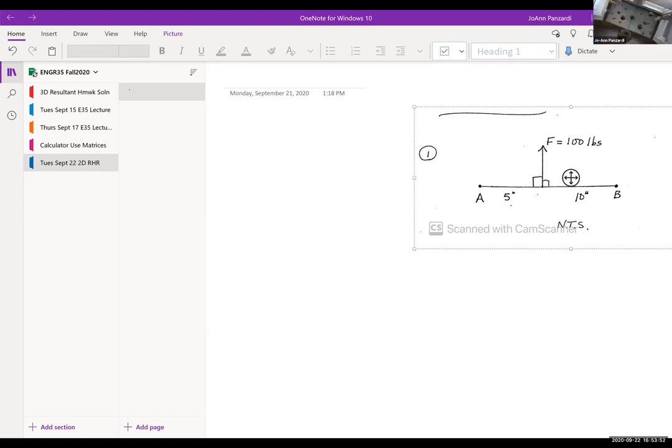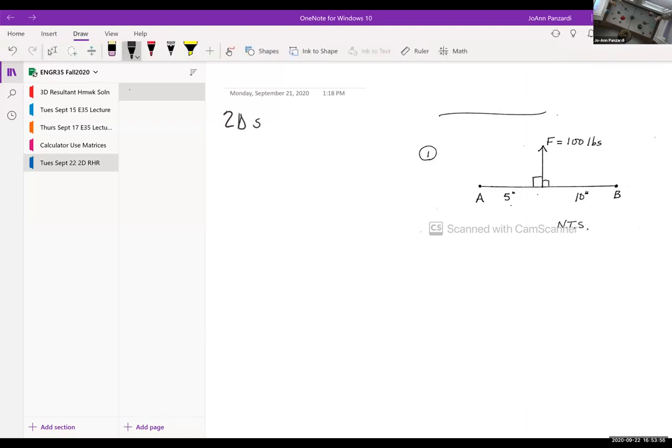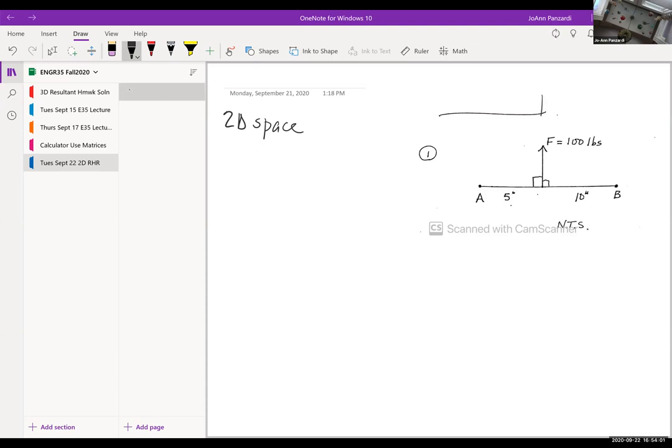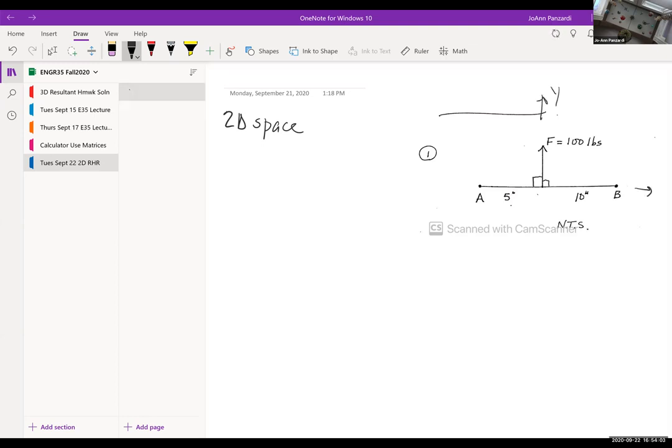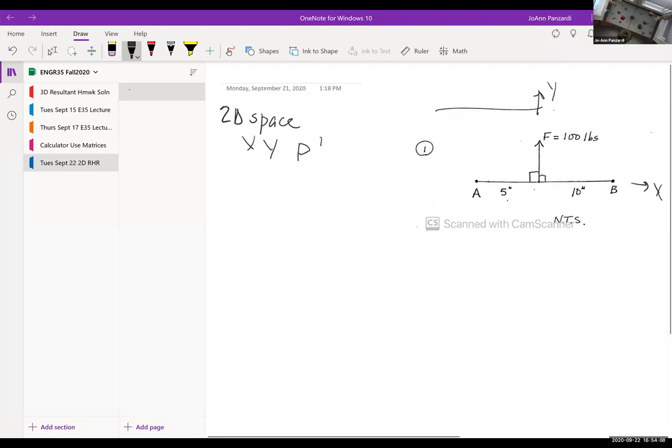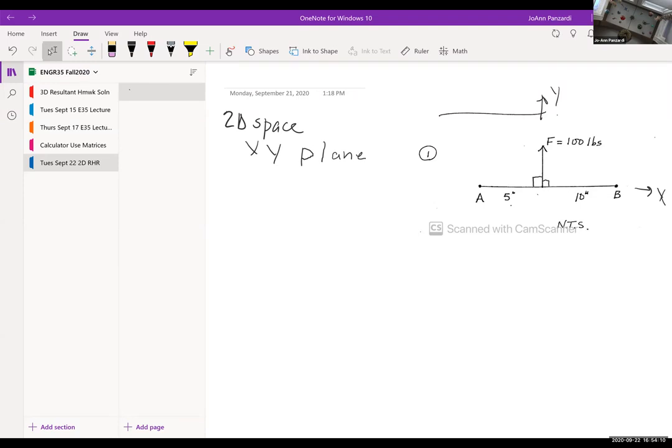Okay, so remember what we're doing. We're looking at a problem in 2D space, with my y-axis and my x-axis, so we're looking at the xy plane. And what I'm going to do is find my moment.